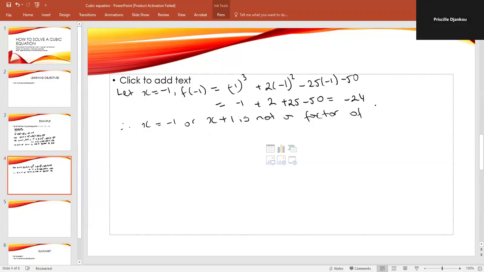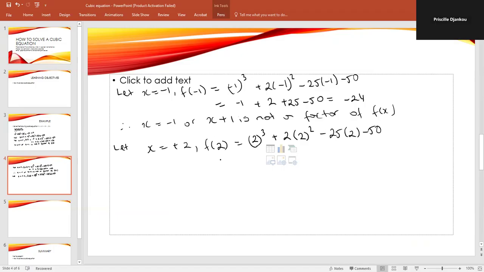f of x. Okay. We now choose the other value, x equals plus 2. We substitute to obtain f of 2 equals 2 cubed plus 2 times 2 squared minus 25 times 2 minus 50. After simplification, what do we obtain here?